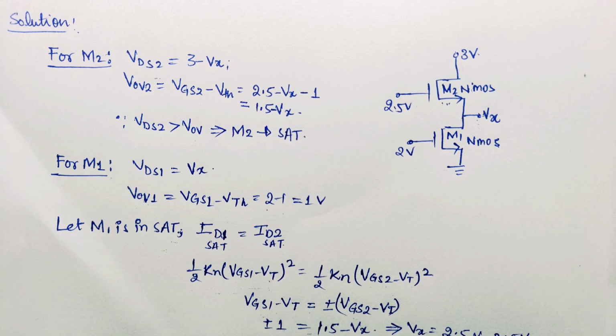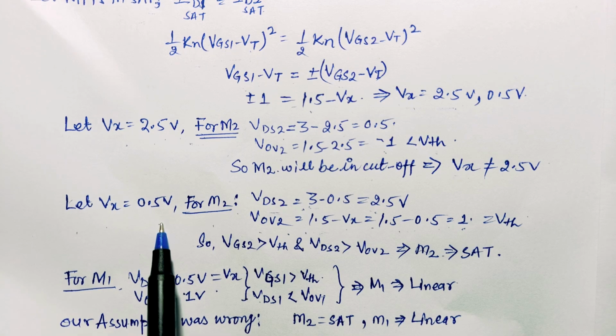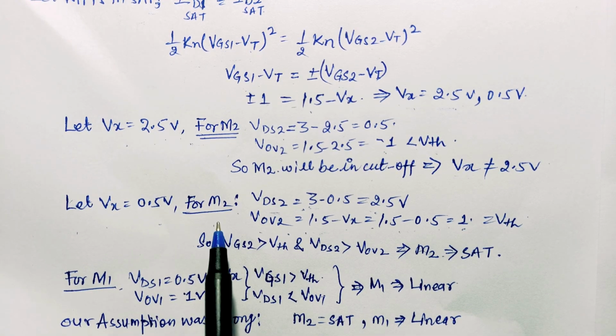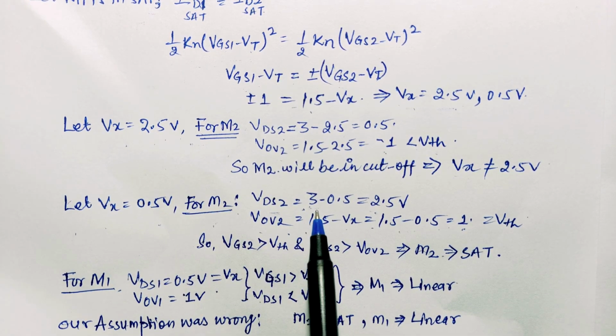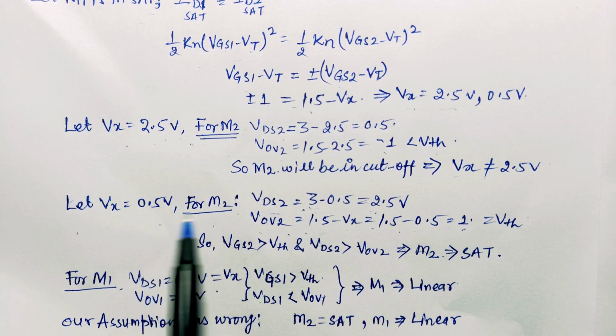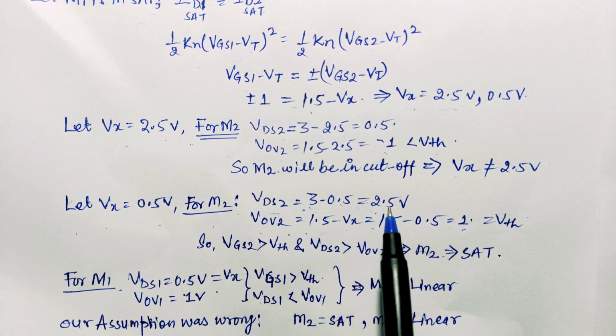If we assume that Vx is 2.5 volt, then we will try to understand what the condition of this M2 transistor will be. If we assume Vx is equal to 0.5 volt, then for transistor M2 we can write VDS2 is equal to 3 minus Vx, that is 3 minus 0.5 volt. Then this VDS2 will be equal to 2.5 volt.